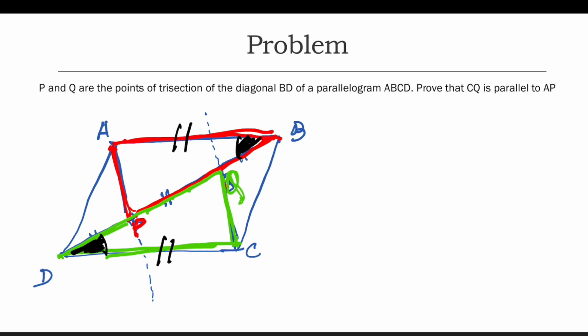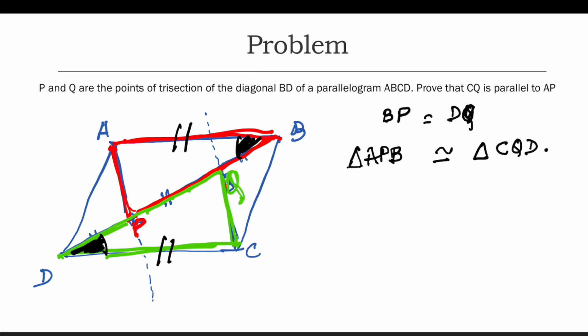Now the third thing, if we are able to prove BP is equal to DQ, then triangle APB, which is my red triangle, will be congruent to triangle CQD, right? Because two sides and the angle between them are equal.